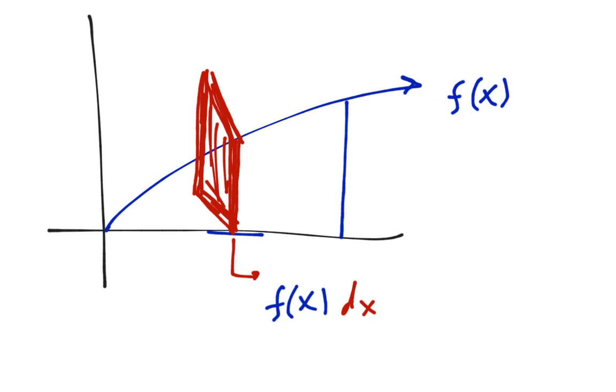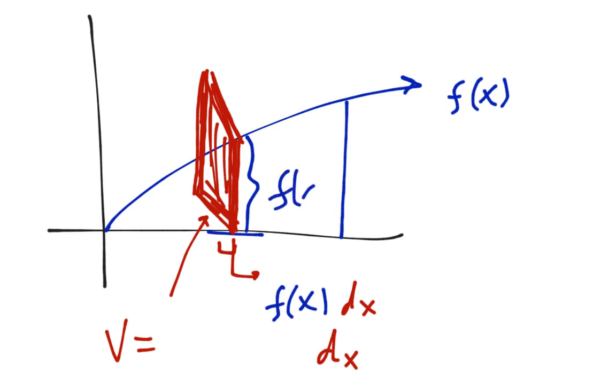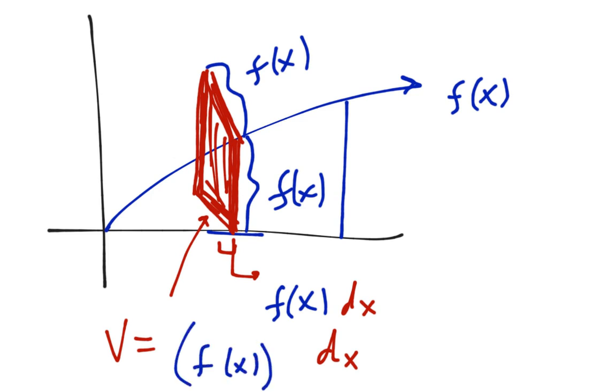And now what we're going to do is find the volume of this little shape, using the volume formula, which is length times width times height. Now, the width of this is the same. It's going to be dx. The length of it is f of x. And the height, because it's a square, is also going to be f of x. And so the volume equation becomes f of x squared, because we're dealing with a square.